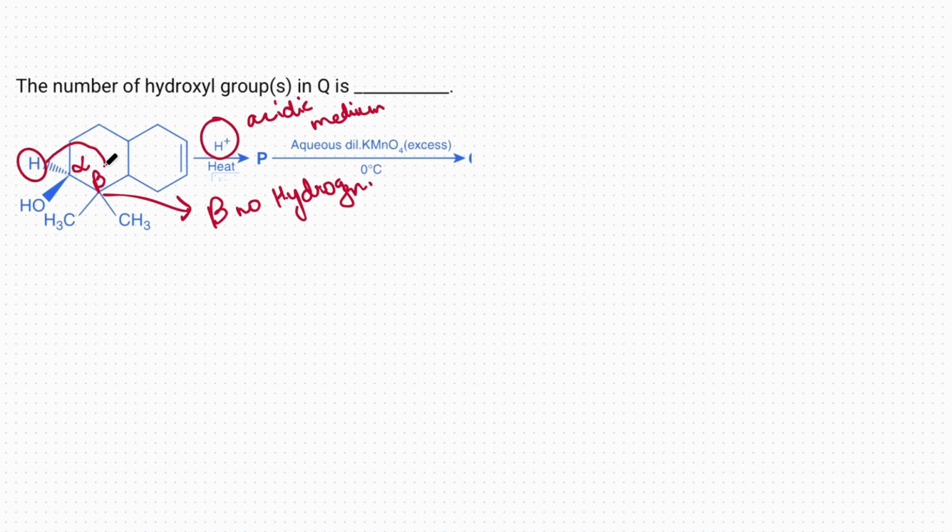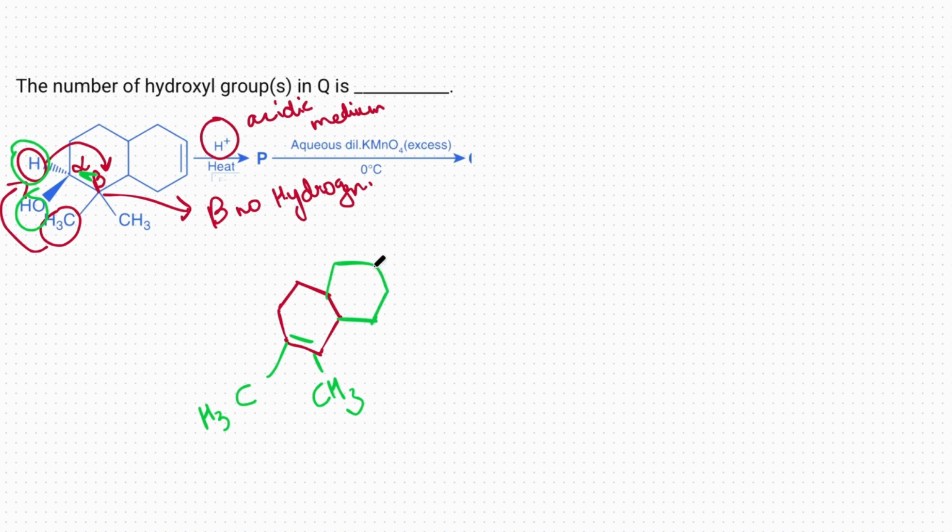No hydrogen on beta means no alpha beta unsaturation is possible, but we have to perform it because of the given conditions. On the alpha carbon, the extra hydrogen is there, which will be given back to the beta for the alpha beta unsaturation, and the extra methyl group on the beta will be shifted to alpha.